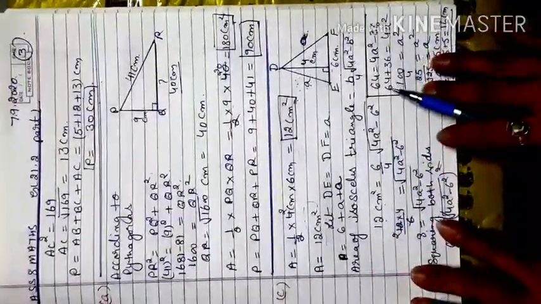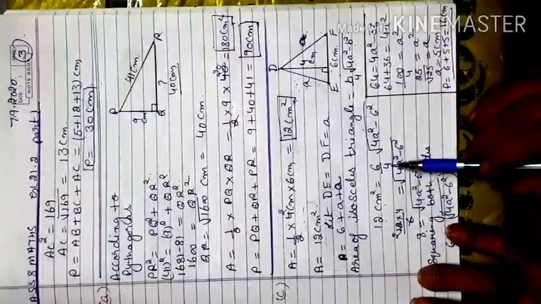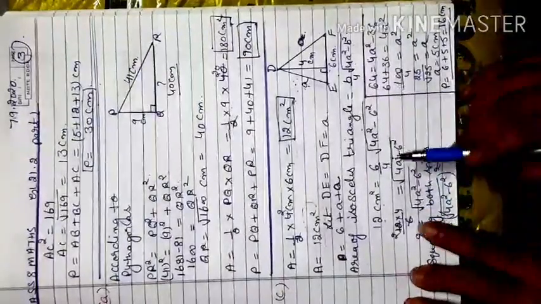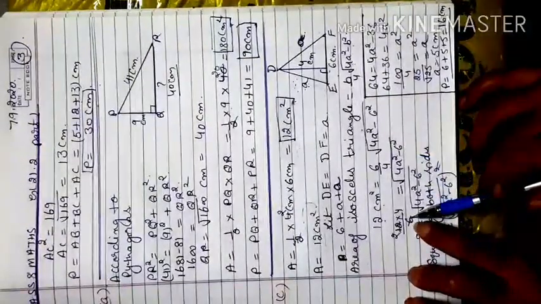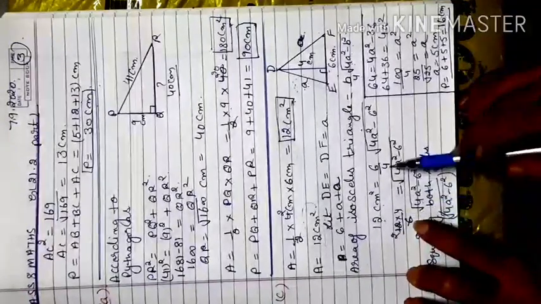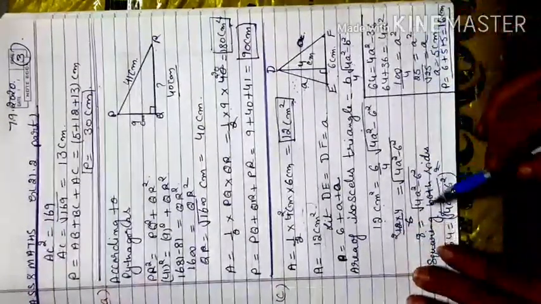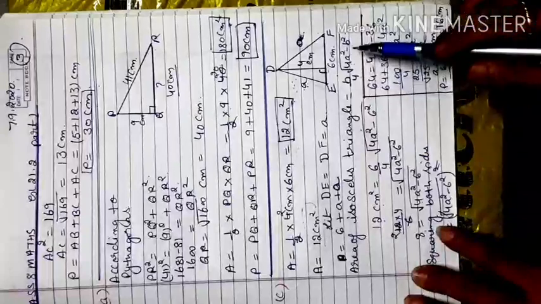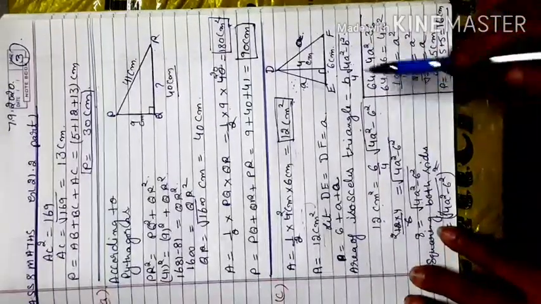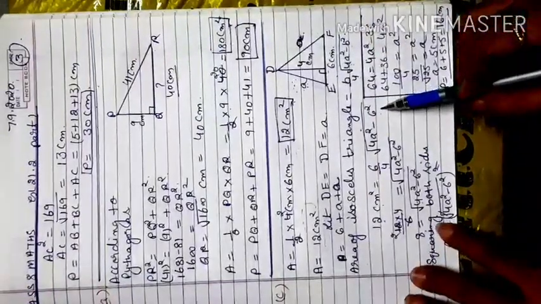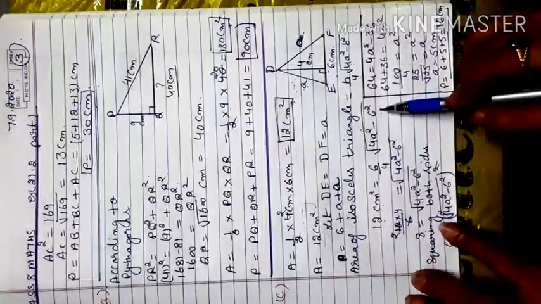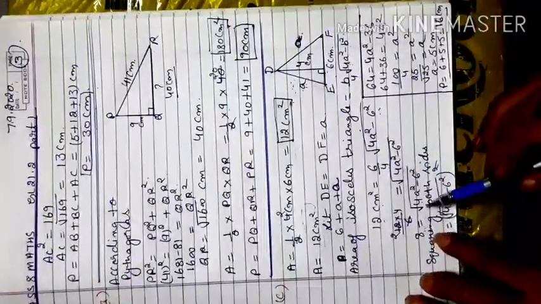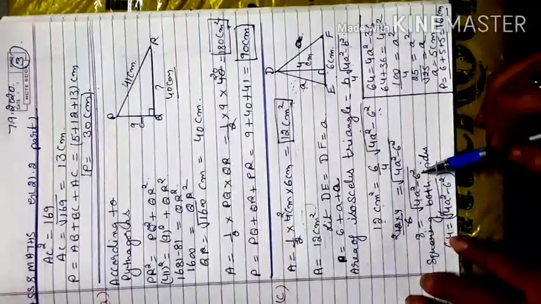Comparing with each other, first 6 by 4 goes to the other side, cross multiply, so 12 divided by 6, and 4 multiplied by 12. Only the square root of 4a square minus b square remains; in place of b I have the base value, which is 6. So I replace the base value with 6. So that gives me 8 is equal to the square root of 4a square minus 6 square, which is 36.